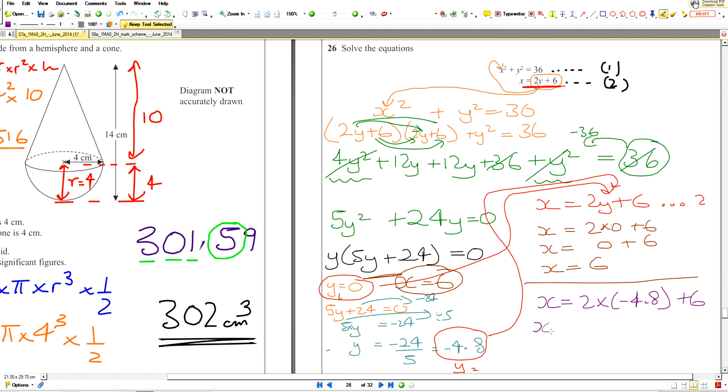You put that in the calculator, and it gives minus 3.6. So the first one gave us a value of x equals 6, and the second one will give us a value of minus 3.6. And that is the end of that particular question. Let's move on.